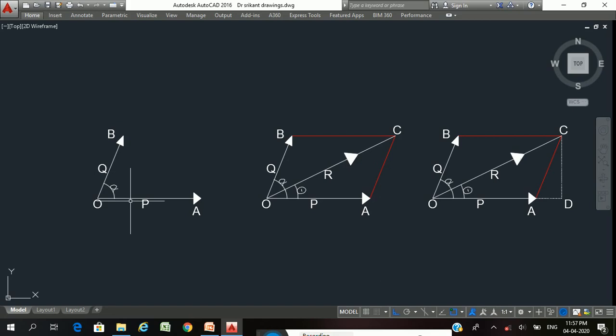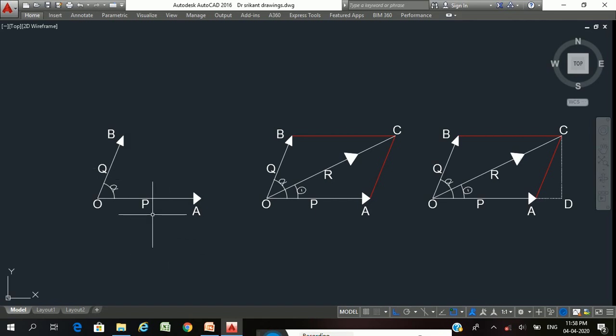Let us consider these two forces P and Q. Now these are the three diagrams which can be clubbed into a single diagram. This single diagram is sufficient in examinations, but to explain to you, I have separated out these diagrams. So let us see how to give the explanation of these diagrams.